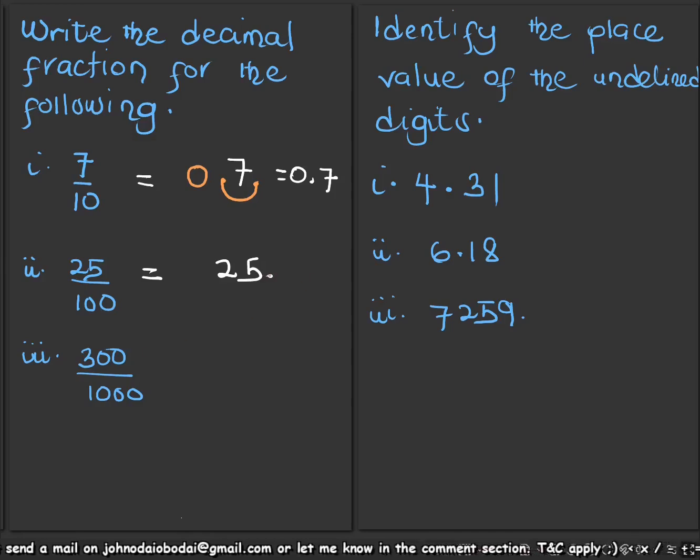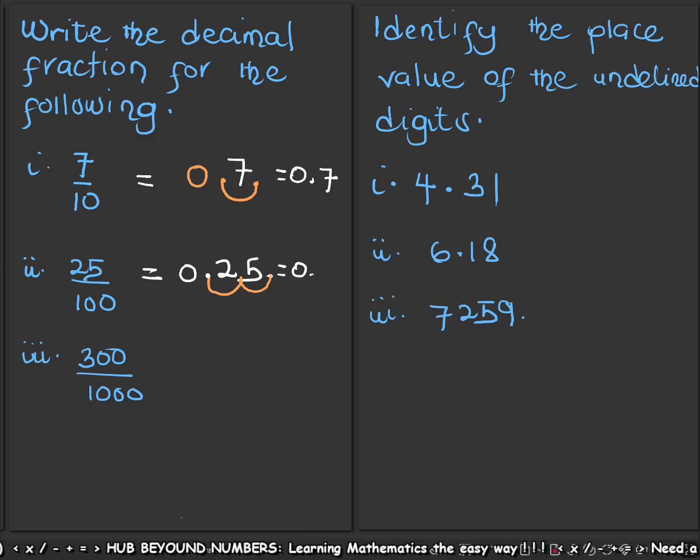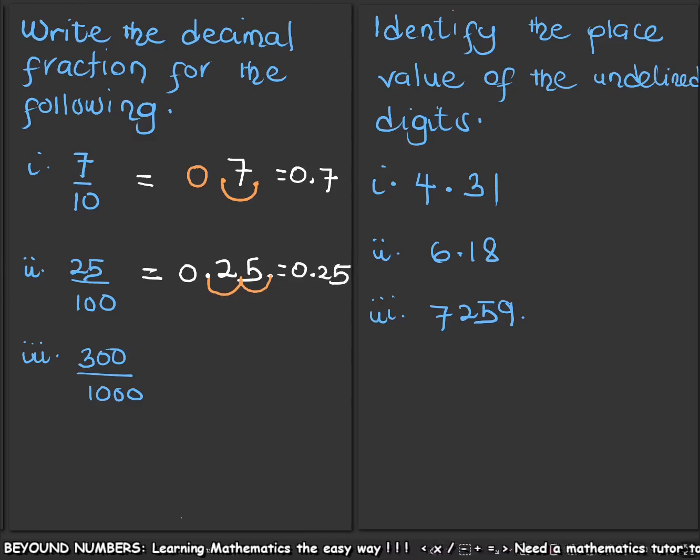We are going to move it 1, 2. With that, there's going to be a 0 in front. Why? Because your decimal has now come to be in front. So your answer is going to be 0.25. If you do understand, you can pause and then try this third one on your own.